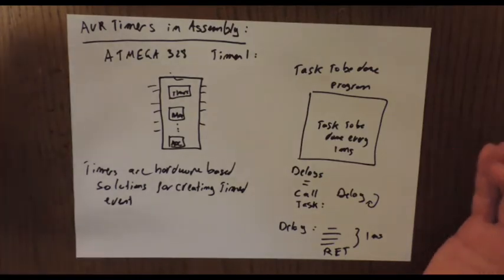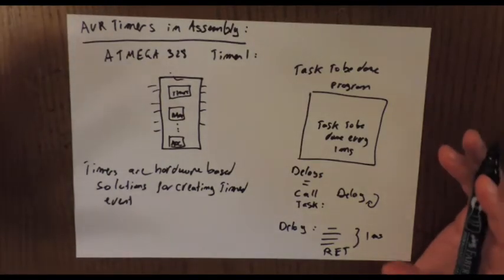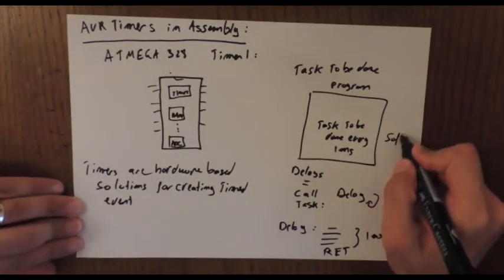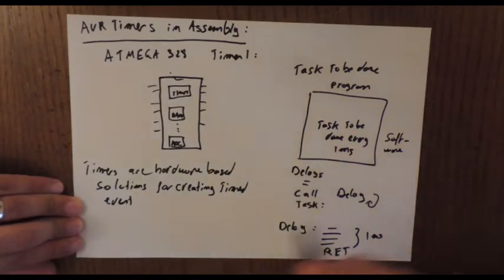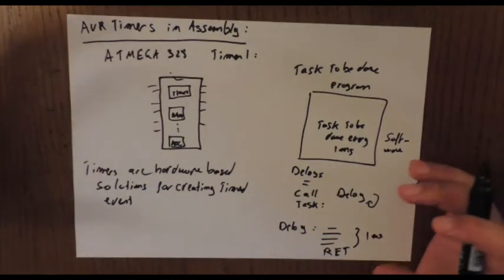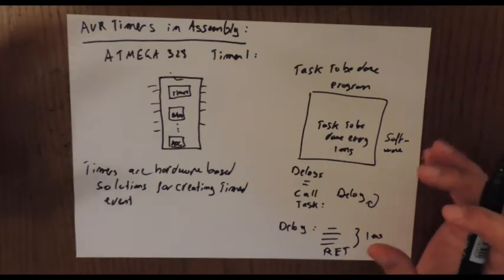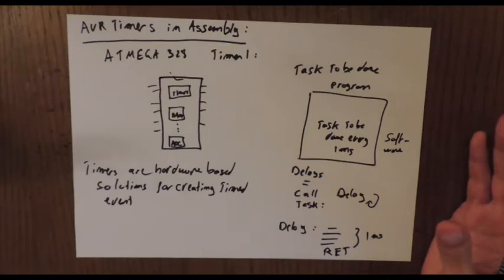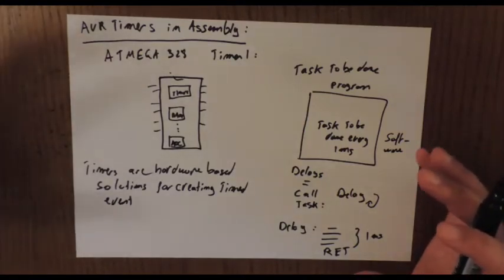So the first differentiation between delays and timers is that delays are written in software in your program, and timers are hardware components. The advantage is large, because when we couple it with the next chapter, which is interrupts, timers can work in the background.